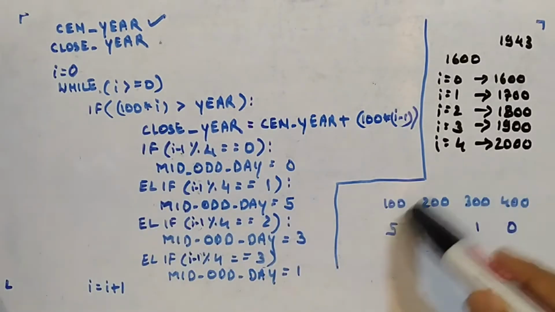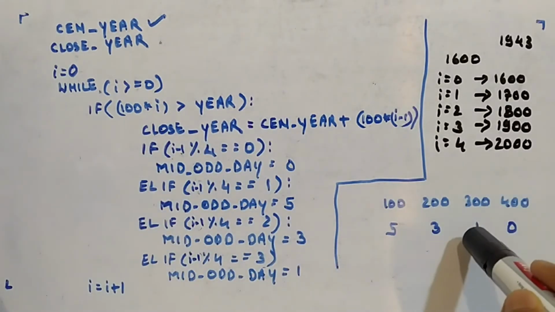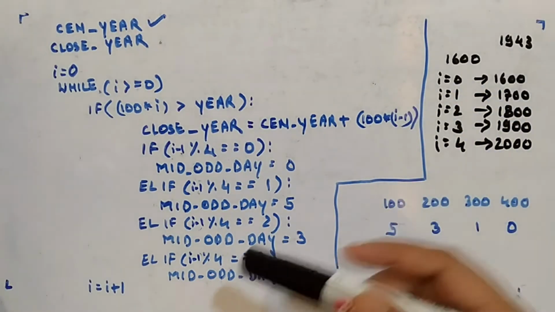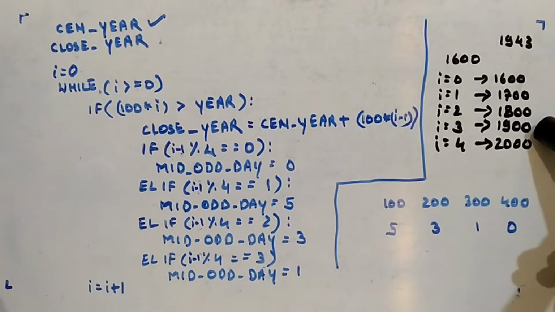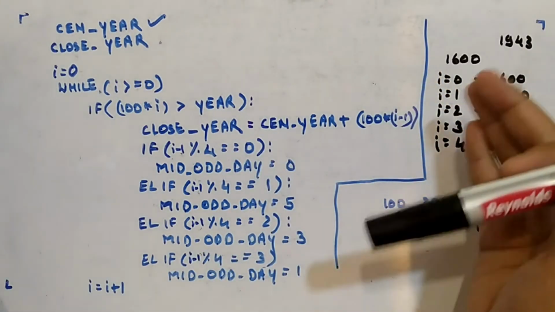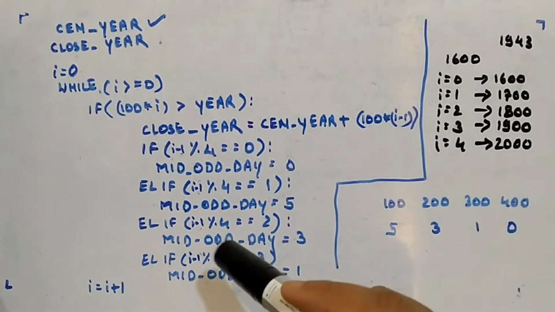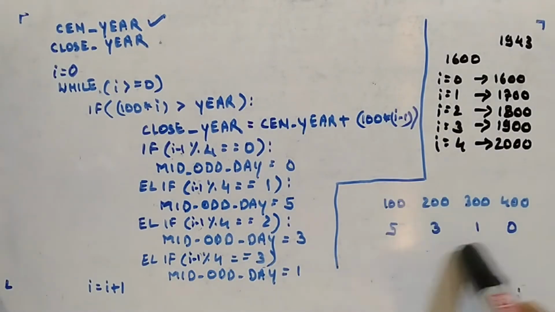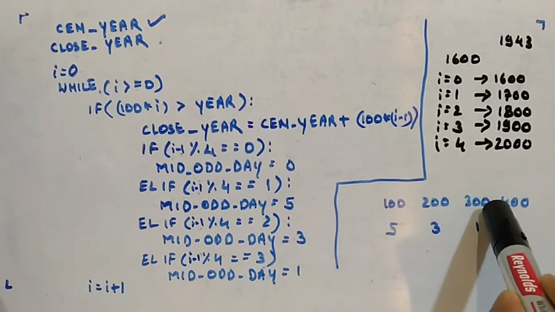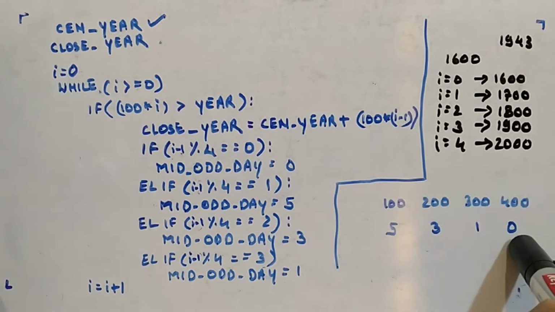Now you will find the odd number of days. 1600 has 0 odd days. Since you have come 300 years more from 1600, you will see in the table we have seen before: for 100 years it is 5 odd days, 200 is 3 odd days, 300 is 1 odd day, 400 is 0 odd days.